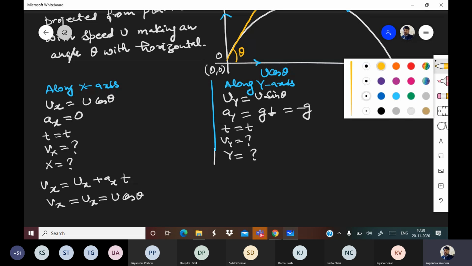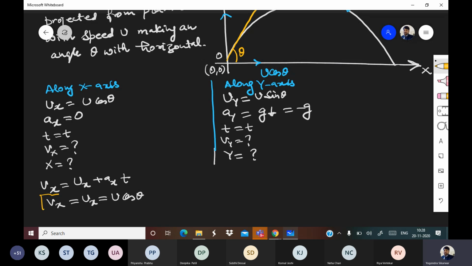We have already talked about this yesterday when I told you that along x-axis velocity of projectile remains the same. So Vx is equal to Ux is equal to U cos theta. It will not be changing.